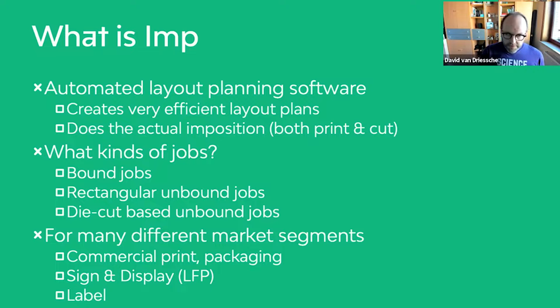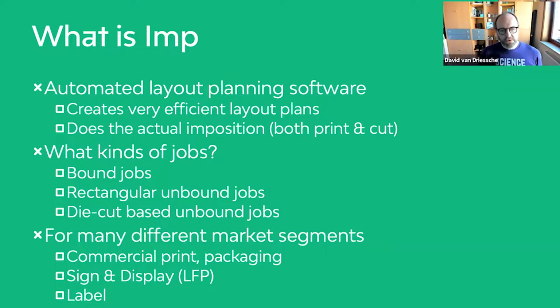And it also, and that needs to be said because sometimes you have software that doesn't do so, it also creates the actual imposition, which means that it can also write either an imposed PDF file or an imposition JDF or a cutting JDF, or it can export the cutting file as a PDF or a CF2 or a DXF.